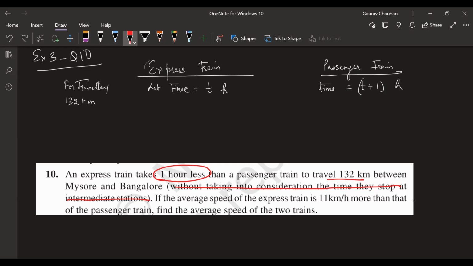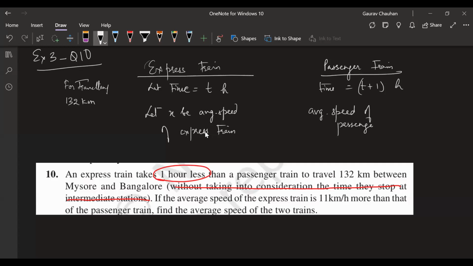It says the average speed of the express train is 11 kilometers per hour more than that of the passenger train. So let x be the average speed of the passenger train, or you can take anyone actually. Which one are you taking, guys? I took t here, so let me take x here also. Let x be the average speed of the express train. So how much will the average speed of the passenger train be?